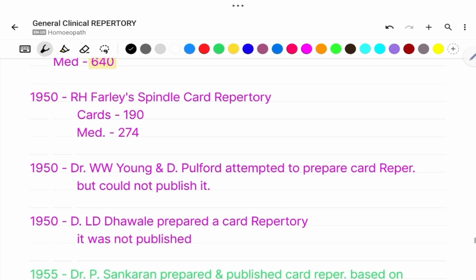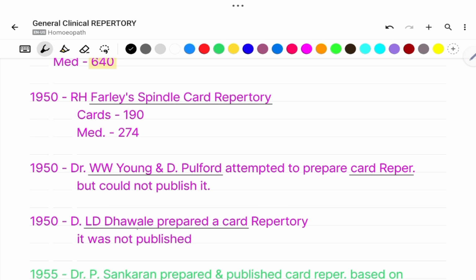Then in 1950 three card repertories came. First is R.H. Farley's Spindle card repertory. Second is W. Young and D. Pulford card repertory. And the third, Dr. L.D. Dhavle card repertory.